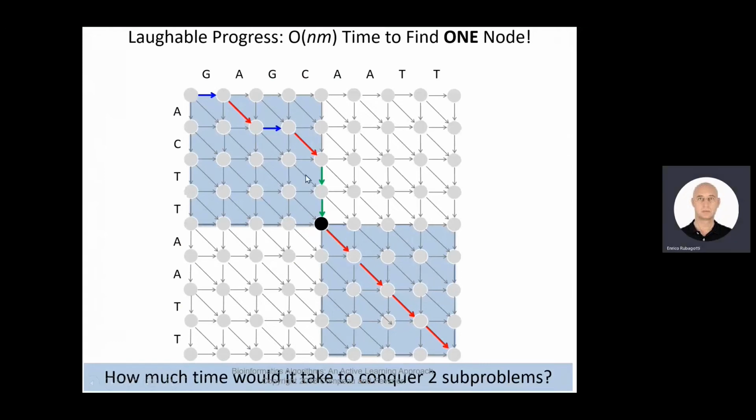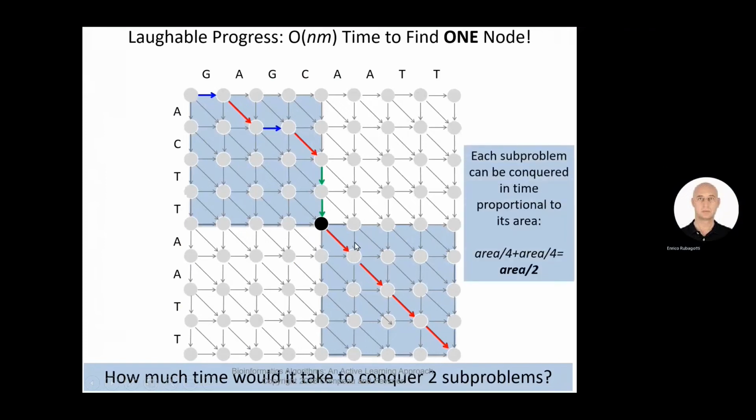Because I know that I can arrive at this node only from the left or from the top. And I can arrive at this node only from the right or from the bottom. So each subproblem can be conquered in half of the time of its area. So I have a linear gain.